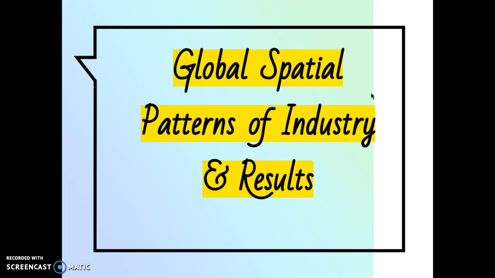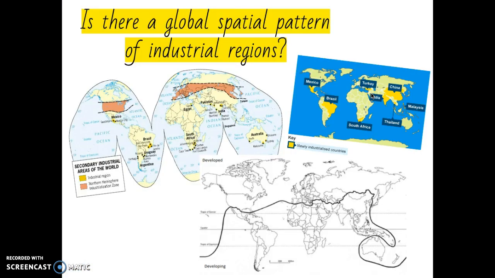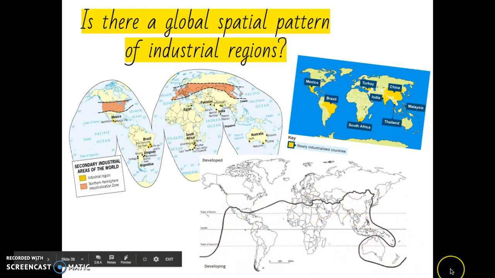Okay, let's look at global spatial patterns of industry and results. So first of all, there is a global spatial pattern of industrial regions. This map right here is showing you something called the Brandt line, and we're going to continue to talk about the Brandt line. But what it basically is, is an imaginary line that divides the rich north, or the developed countries, from the poor south, or the developing countries.